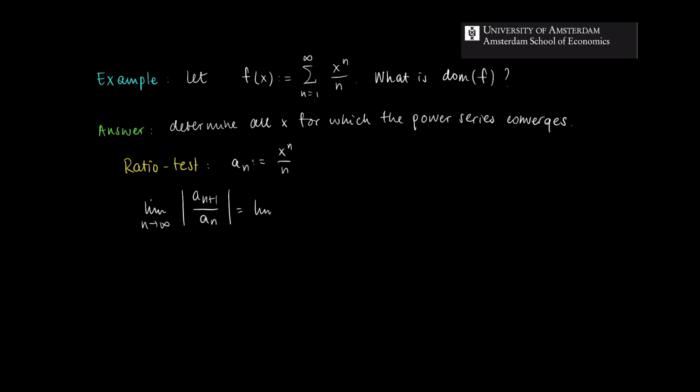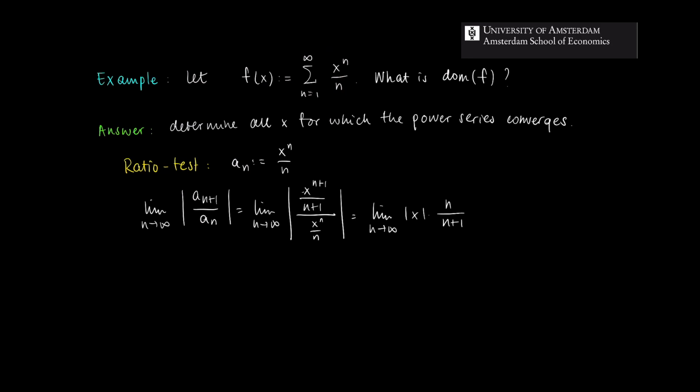If we do so, we get the limit as n goes to infinity of this fraction. So we just plug in the formula that we have for a_n, and you already see that it simplifies: x to the power n plus 1 divided by x to the power n is the absolute value of x, and we get n divided by n plus 1 as the constant.